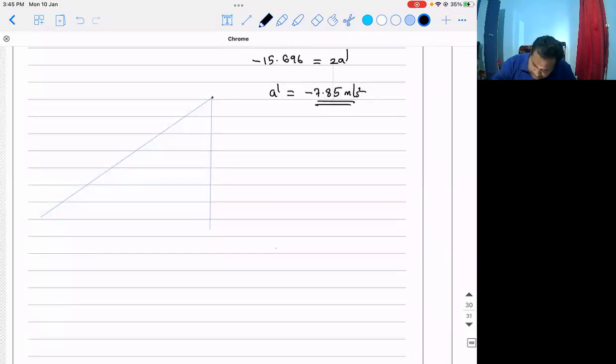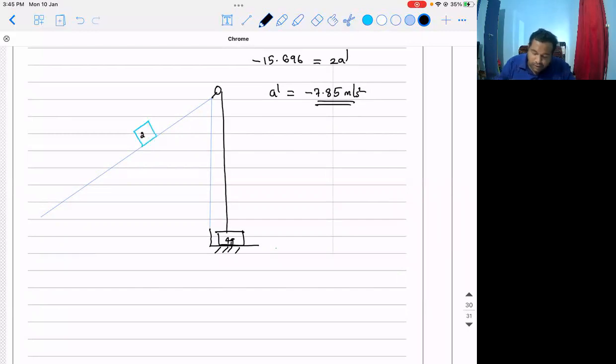So that means this is the pulley. Now this 4 kilogram is on the ground. So what happens is, initially this 2 kilogram particle already traveled h meter, and with the acceleration, definitely this will move some more distance without tension.